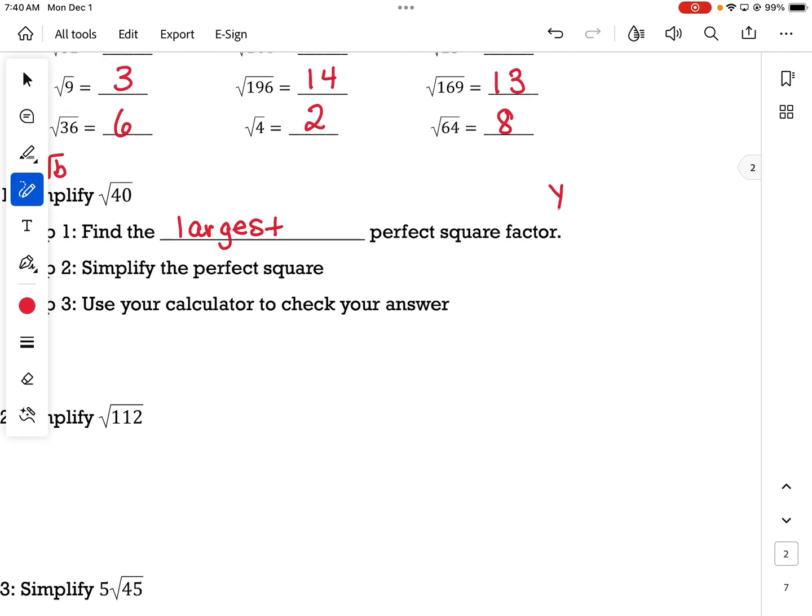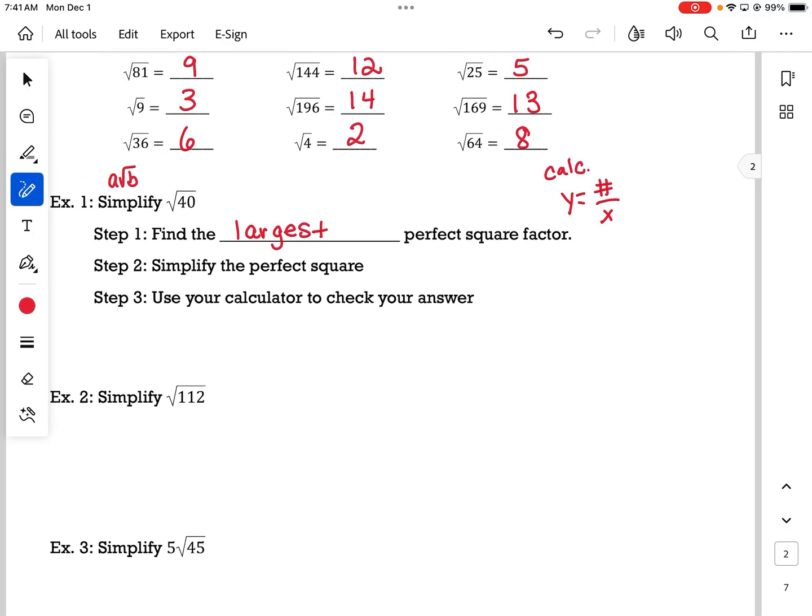So we are going to put it in as y equals the number over x in our calculator. And then we are going to look at our xy chart. And we only want to look at the perfect squares. So we'll look at what the x's are and only look at the perfect squares.